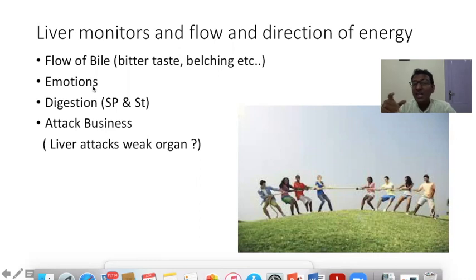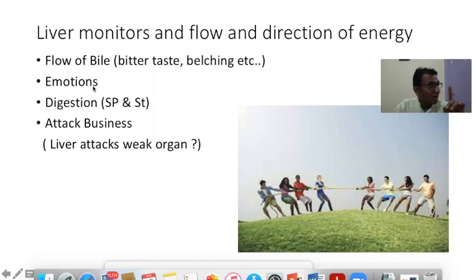So if the qi stagnates for a long time, it is an invisible energy which is stuck. Over a period of time, even the visible energy, which is the blood in the liver, also gets stuck. Okay. So it is a very important thing to understand.